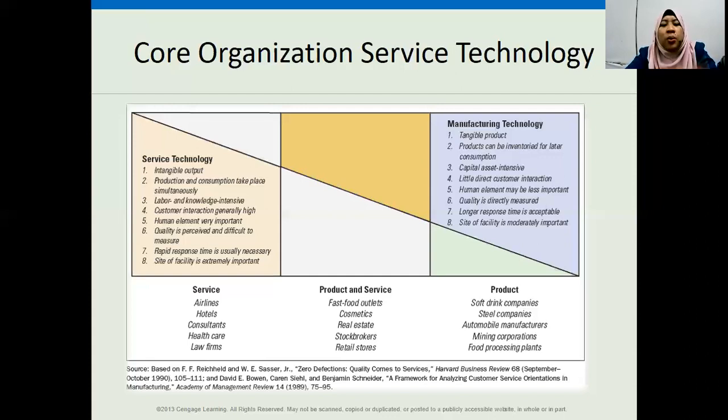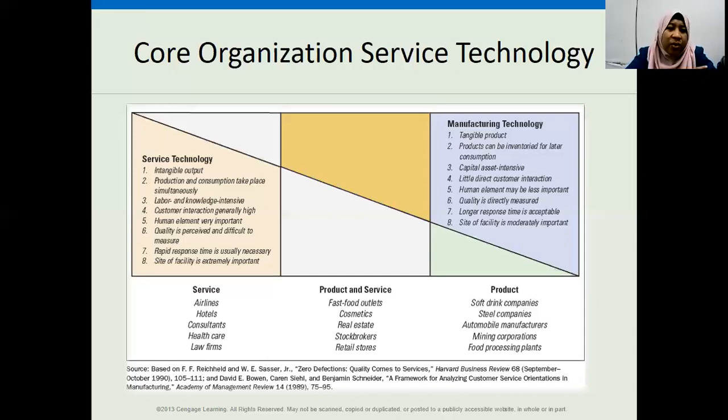This is why, compared to service, I believe that for manufacturing technology like products, 100% technology can be used, like robotics or artificial intelligence. And quality is directly measured. If the product does not meet requirements by QC, the quality control officer, they will reject the product because it does not meet the quality.